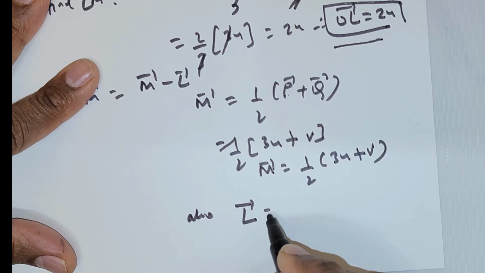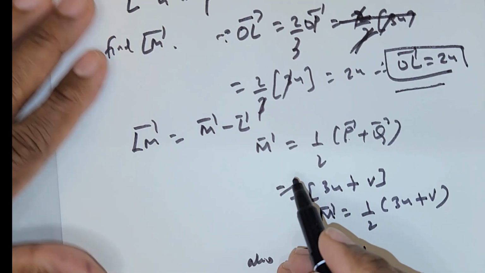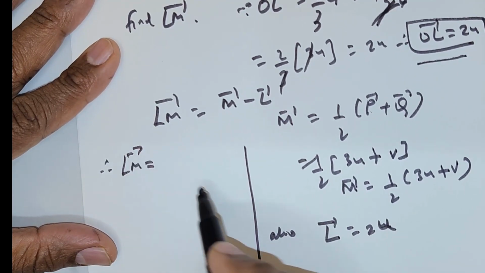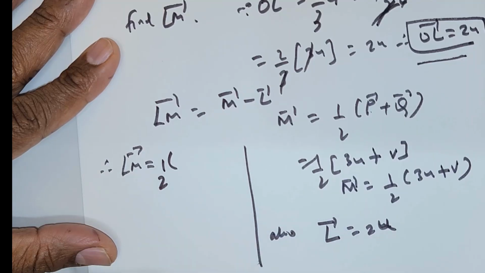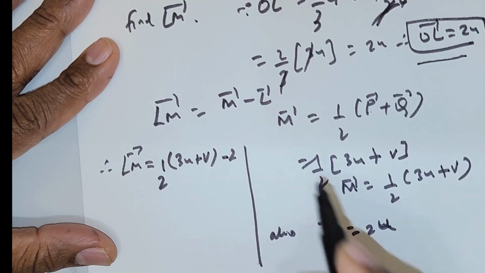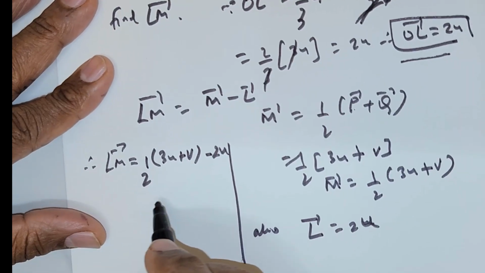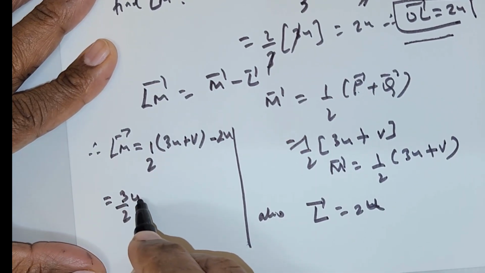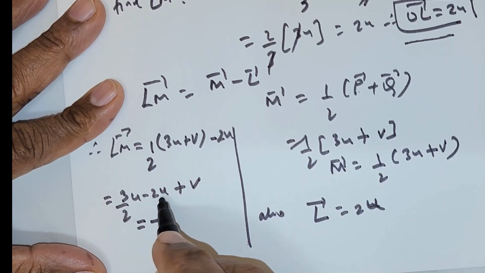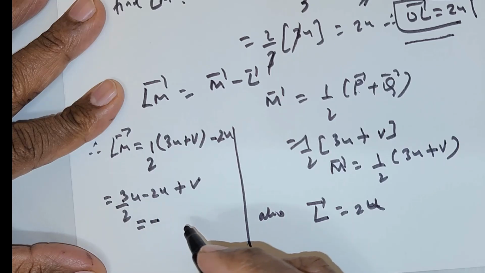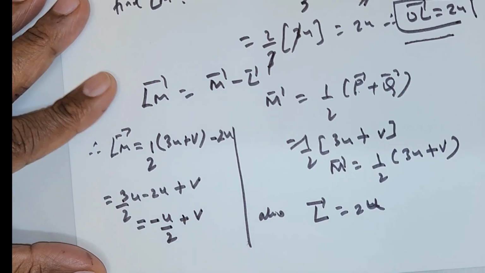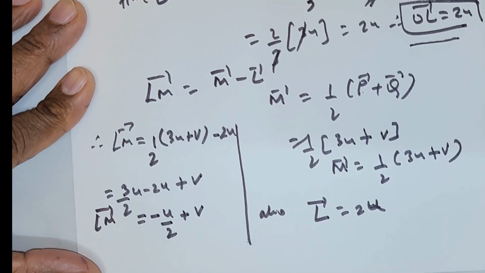So from here, therefore LM vector is equal to half times of 3 times U plus V, this is for M, minus 2 times of U. So this is equal to 3 over 2 times of U minus 2 times of U plus V. This is going to give you minus, right, 4U minus 3U. That's minus U divided by 2 plus V. So this is my LM vector.